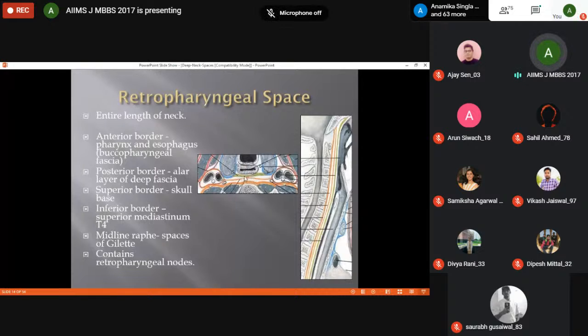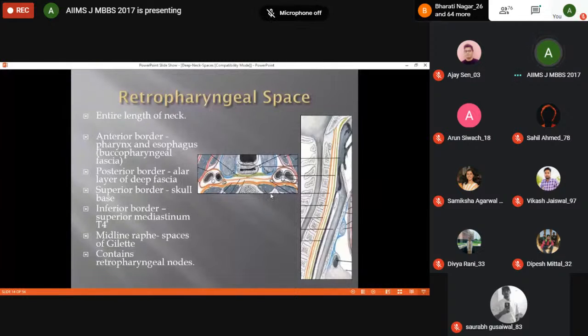Between this green line and this first red line is the alar fascia. I told you this deep layer has been split into two parts, alar in front and prevertebral posteriorly. So the posterior border is the alar layer of deep fascia. The inferior border is T4. Basically, this space extends up to T4, so if there is any infection, it has the potential to go up to T4.